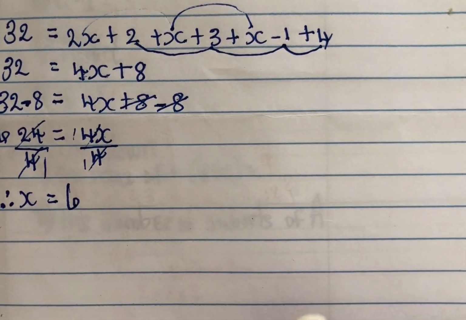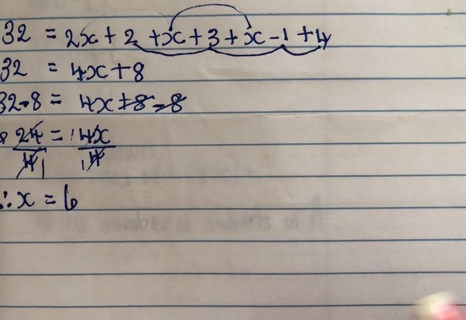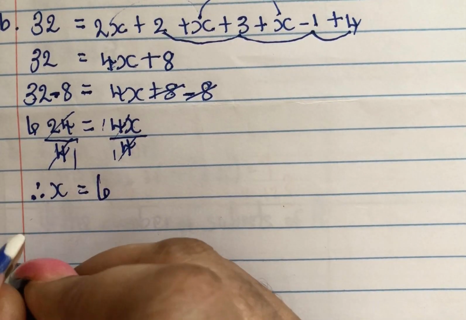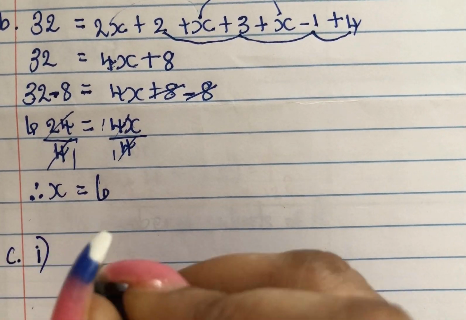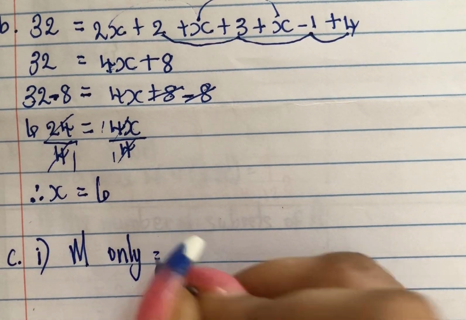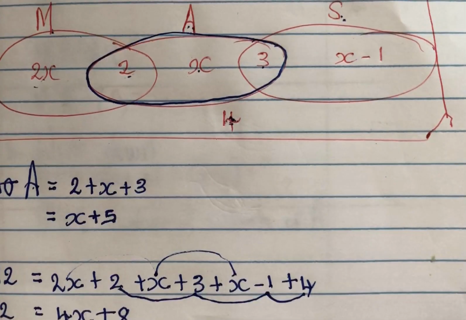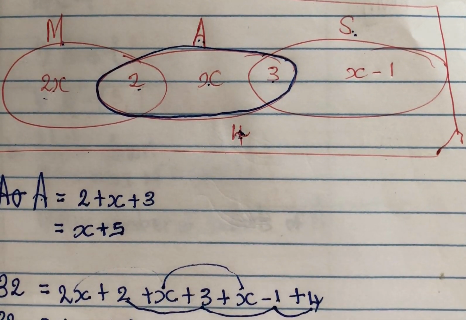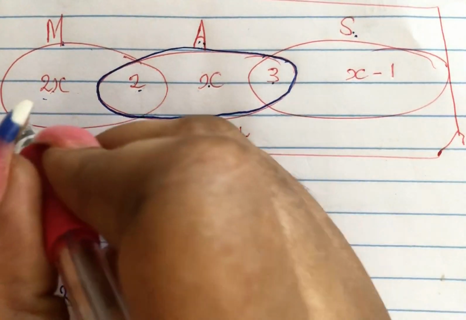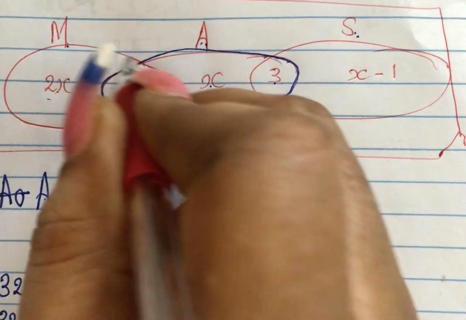Now that I know what x is, I can do part C, where part C is asking me how many students do math only. Let us look at our Venn diagram. Do not forget, math is made up of 2 parts.